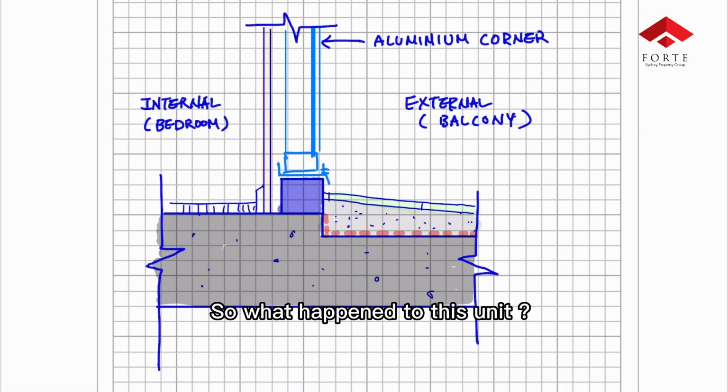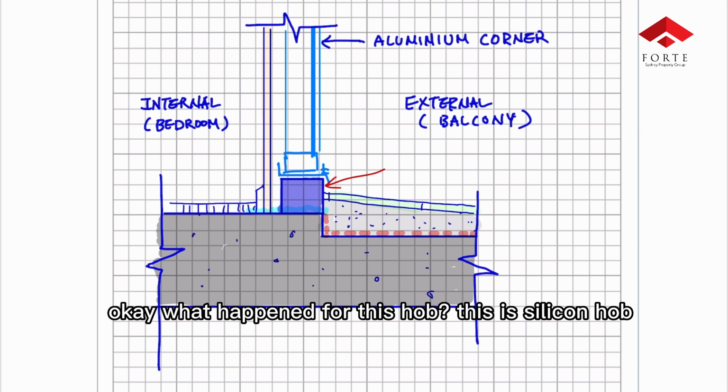So what happened to this unit? I already drew the basic section details to help you understand better. In this unit, internally, the water is coming through on the side of this hob. What happened to this hob? This is a silicone hob.